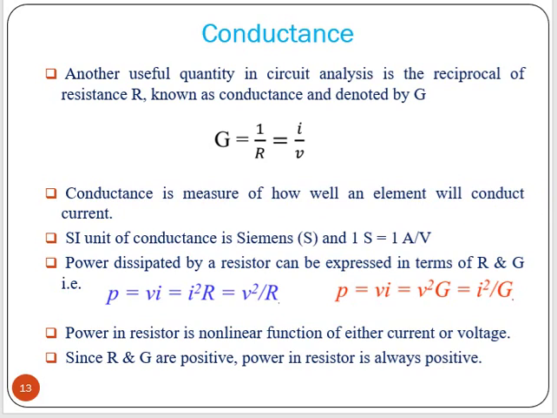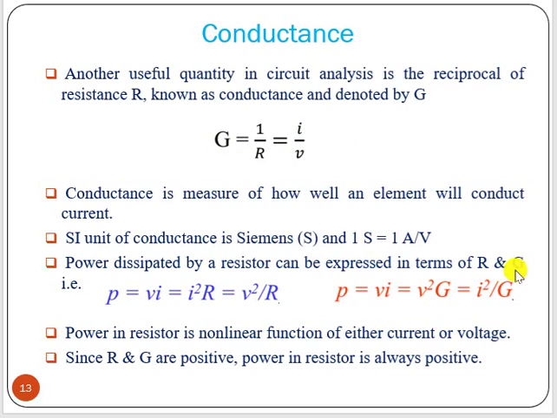Resistance opposes current, and conductance means how well the material conducts current. The SI unit of conductance is the Siemens. 1 Siemens equals 1 ampere per 1 volt.